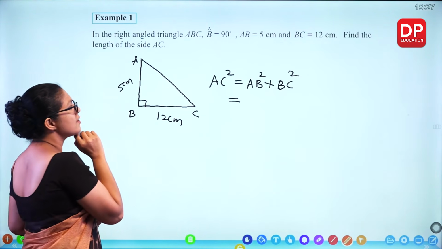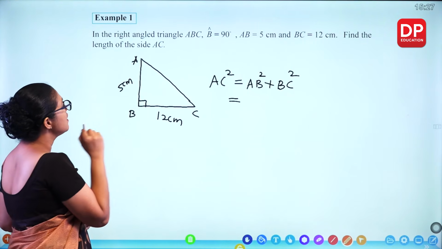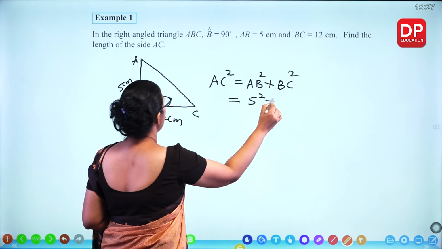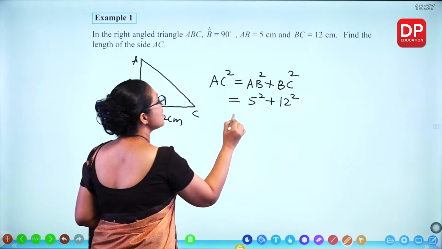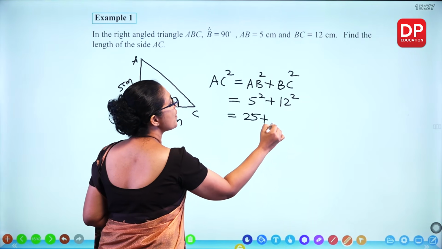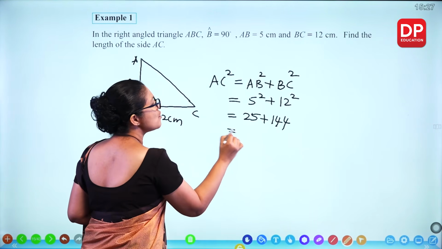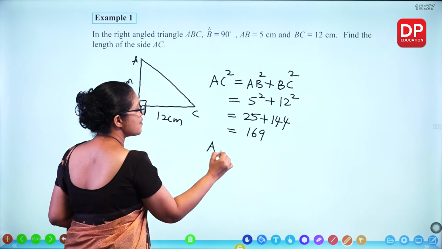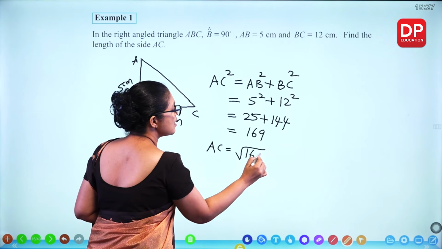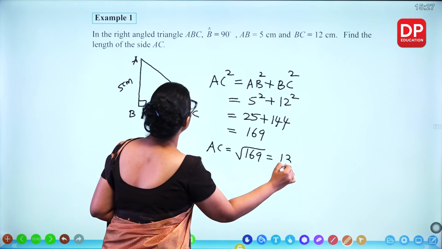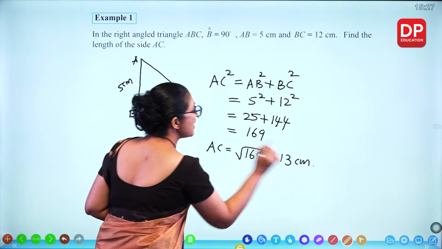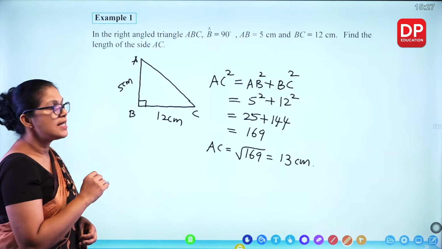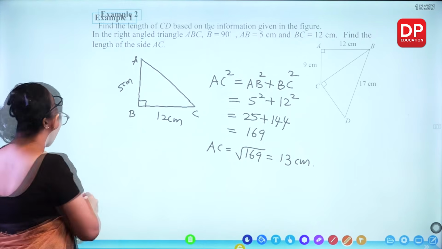Then substitute the values. 5 squared plus 12 squared. 5 squared is 25, 12 squared is 144. When you add, you get 169. Square root of 169 is 13. So the length of AC is 13 centimeters.